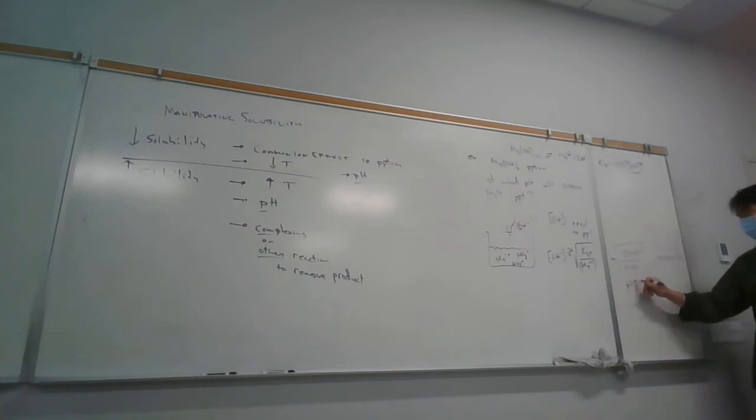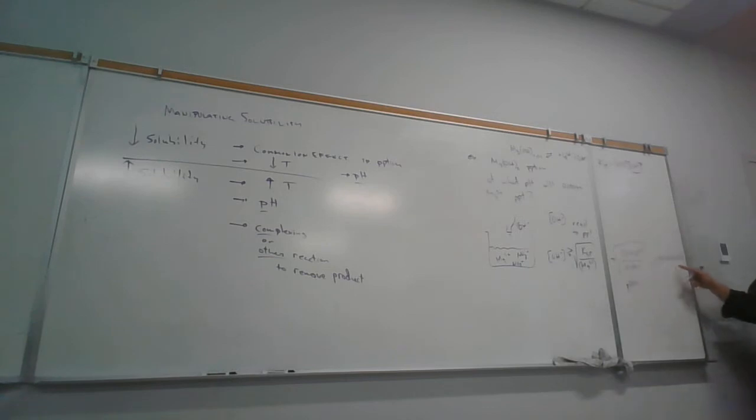The pOH of this would just be the negative log of this concentration. So I'm just going to take the log of that answer. 4.8724, which means the pH is 9.1276. So this is the pH required to saturate it.